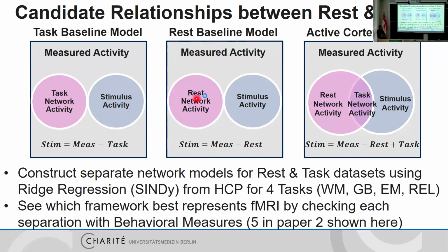So the stimulus is nothing but you just take the measured activity and subtract the rest network. You can also do a task baseline model, which is the same thing, but using the task ODE. And then what I actually end up showing, which I didn't understand for a very long time, is this active cortex model, where the stimulus couples with a portion of these resting state networks.